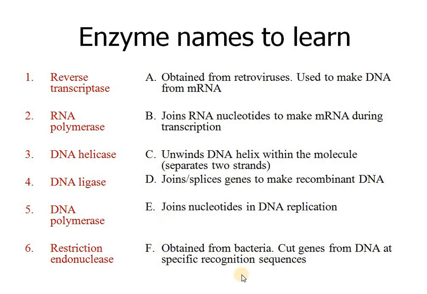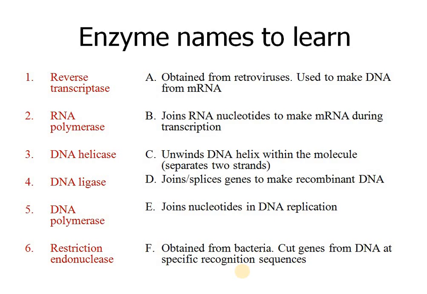They are obtained from bacteria, and as the name indicates, restriction, they will cut the DNA at a specific sequence, which is known as the recognition sequence of that enzyme. So restriction enzymes are used to cut the genes, to make a cut into DNA at a specific determined sequence.